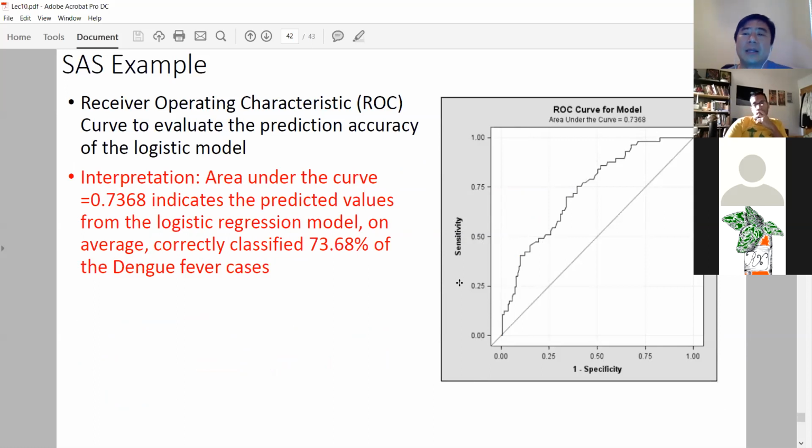How do you evaluate whether it is a real case or not? From your observation of your outcome, because you already know the true disease status from your outcome. Here, for the outcome, you know if you have dengue fever or not. So that's from the truth. Or if you do not have the truth, we need a gold standard. The gold standard is the standard you can use to specify whether it is a real case or not.